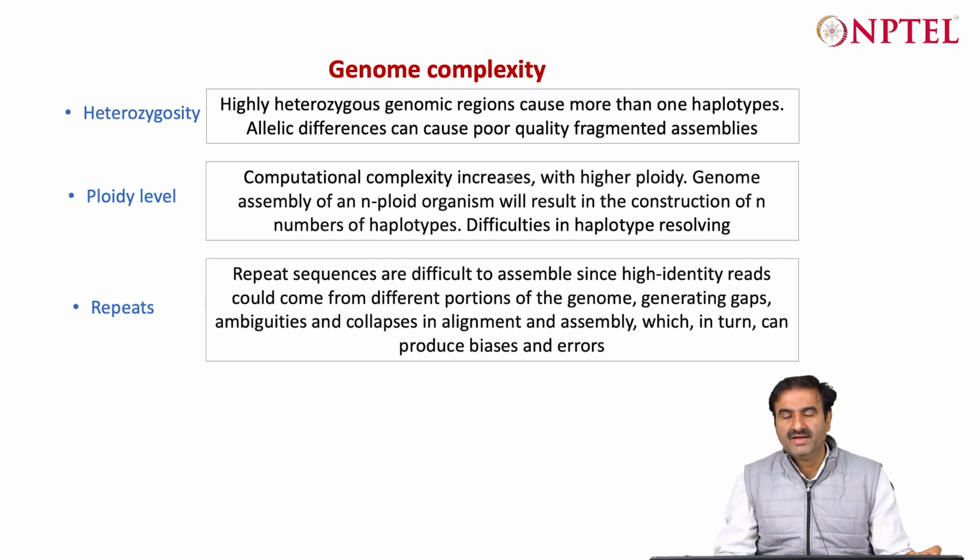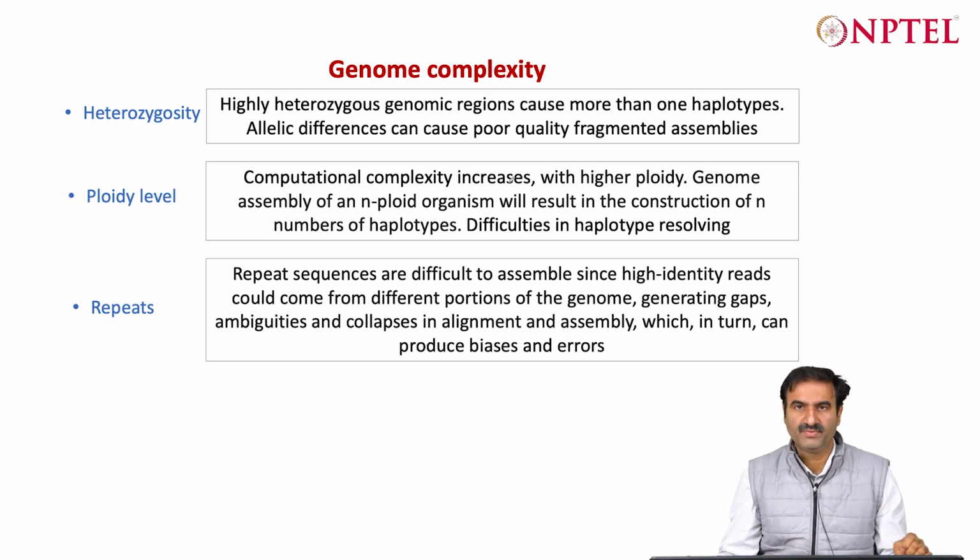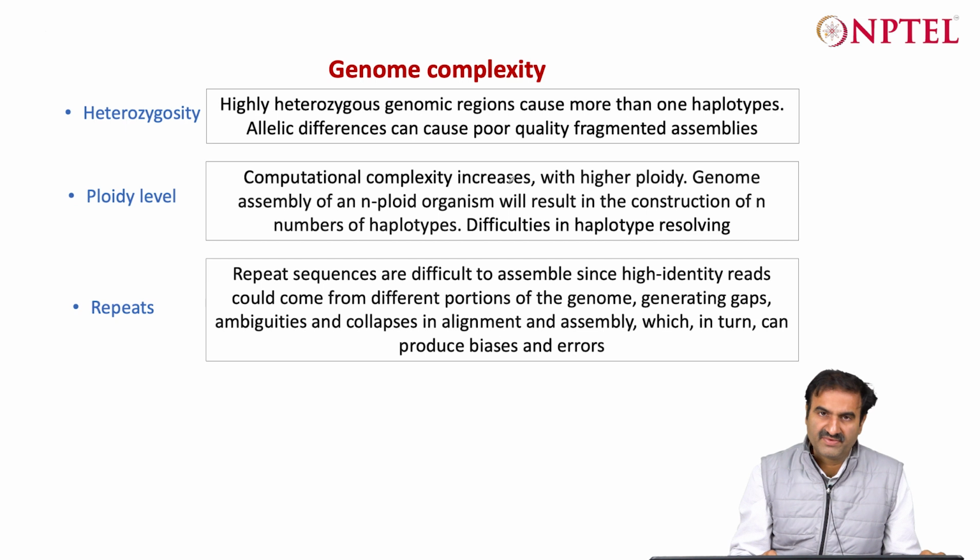This could lead to issues during assembly, because you are dealing with short reads and using a de Bruijn graph based approach. There it will matter even more. A highly heterozygous genome doesn't matter much in the case of long reads, but in shorter reads it will definitely matter, because it will interfere with the assembly process.